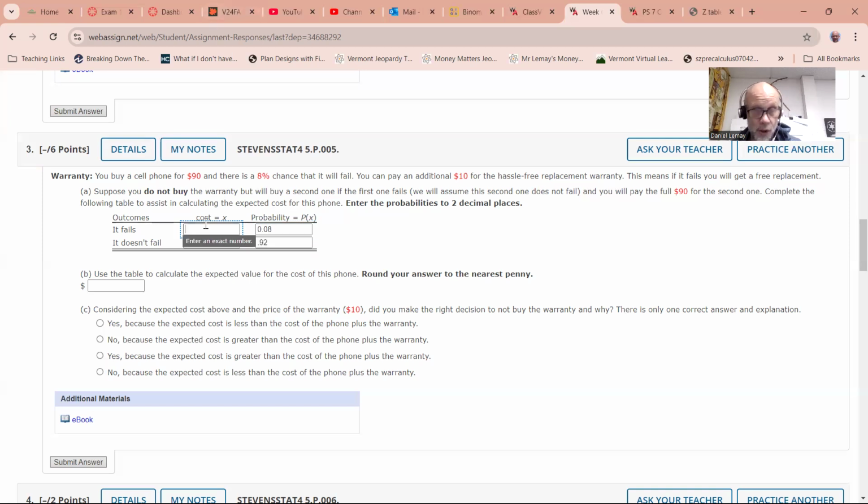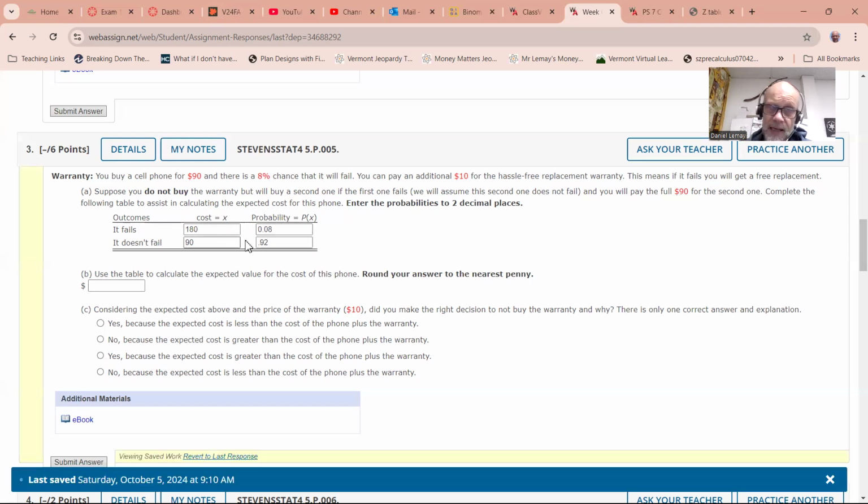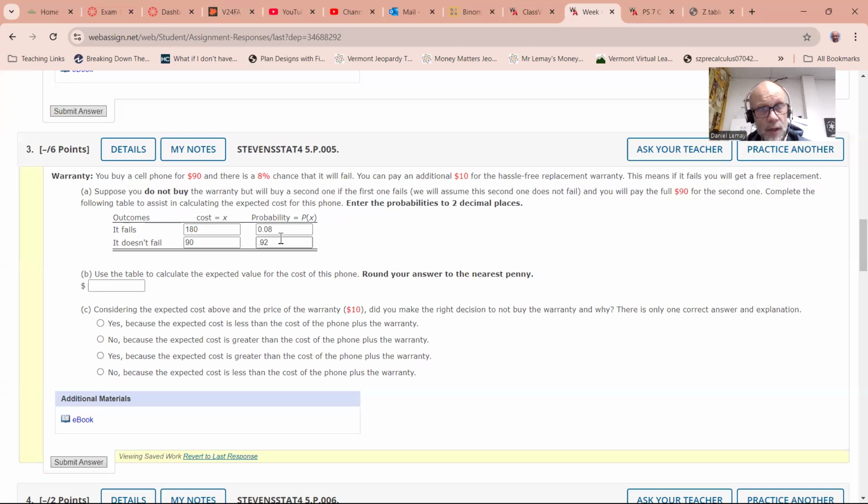If I have to buy two phones at 90 bucks a phone, that's going to cost me 180 bucks. And then this is just a weighted mean like we did back in chapter 3 and chapter 2. You just multiply 180 times 0.08 plus 90 times 0.92, add those two numbers together, and you get the expected value for the cost of this phone.